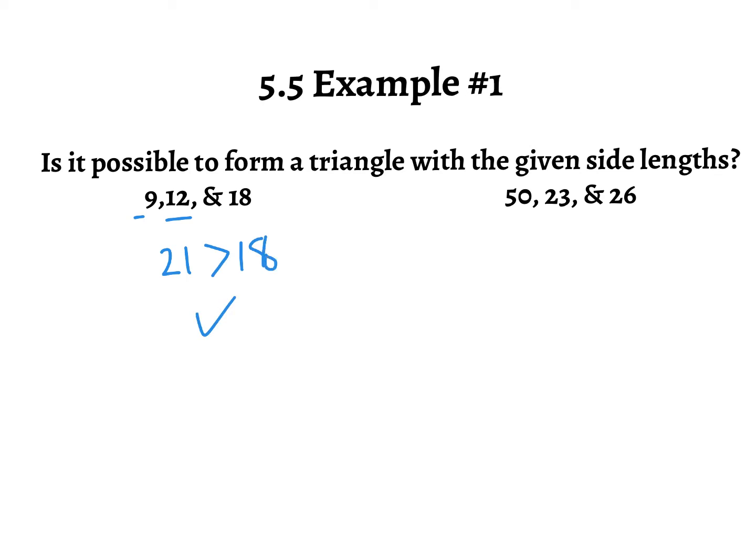If I look at the other one, 23 plus 26 combined, we get 49. Unfortunately, 49 is not greater than 50. I should have written a 49 instead of 45.